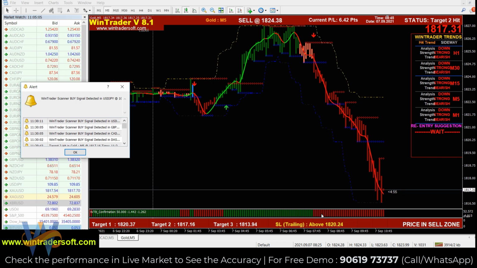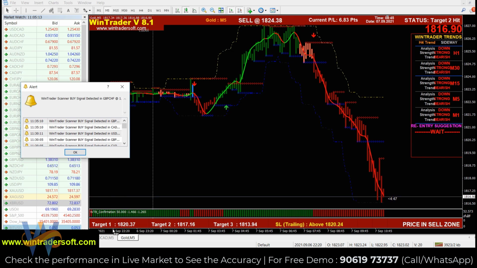Once we enter the market, below you can see the stop loss, which is a trailing stop loss, and on the left side of the stop loss you can see targets 1, 2 and 3. There are three targets. If it is a trendy market, the signal will continue after hitting our target, and at that time the software gives a re-entry option. Re-entry means the software gives a separate entry point and a separate target.